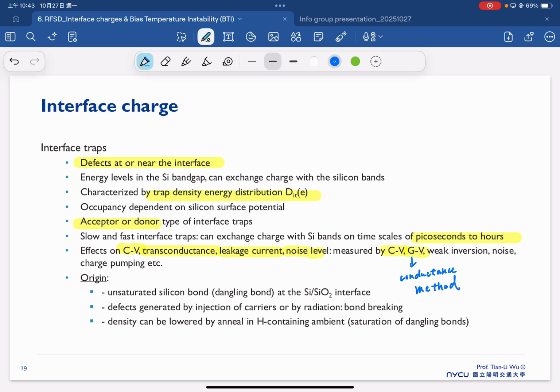So there are several possible origins in the case of the silicon dioxide interface, which are dangling bonds or defects generated during operation, and therefore there's bond breakage. And also we might use a hydrogen-containing ambient for annealing that might help to decrease this interface state density.